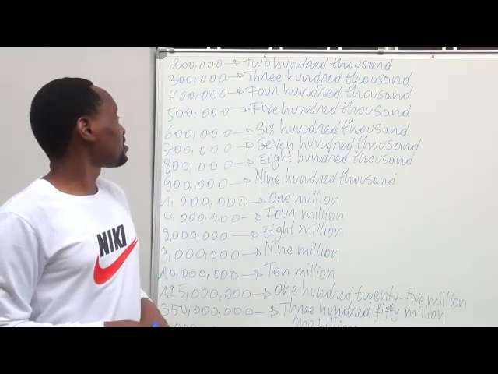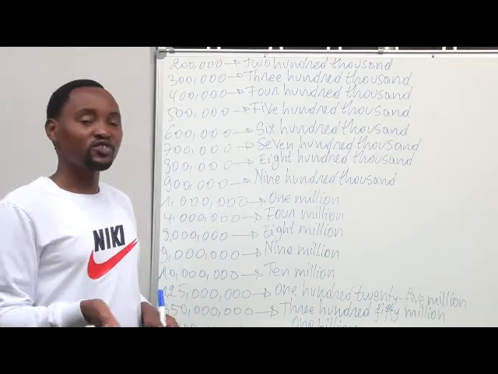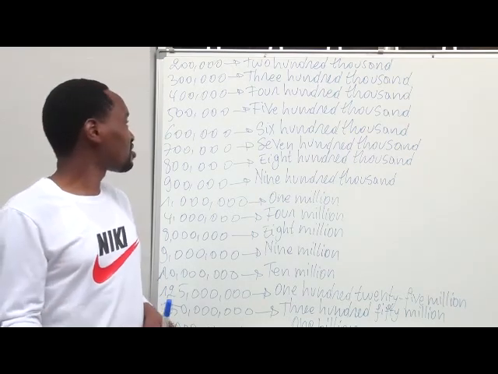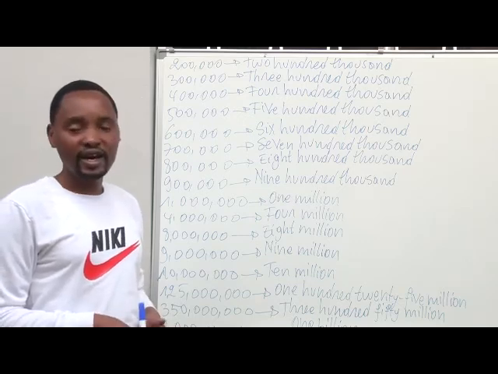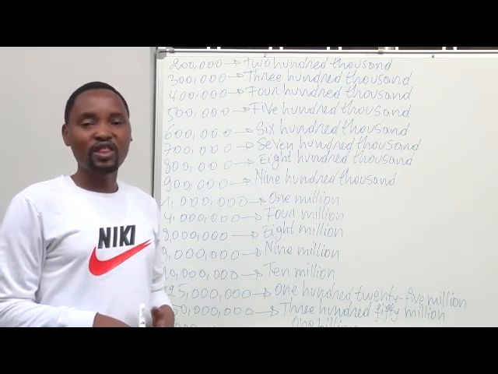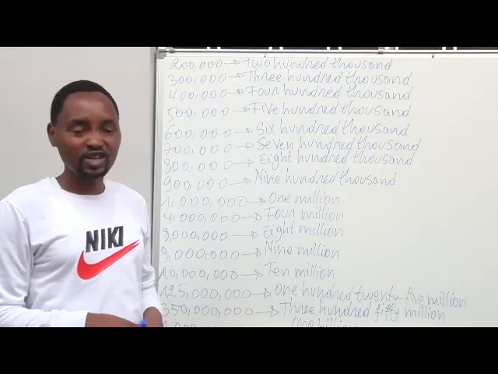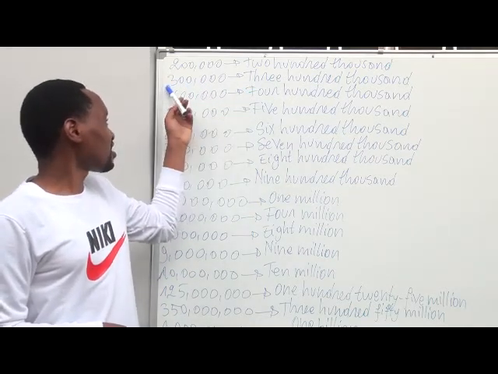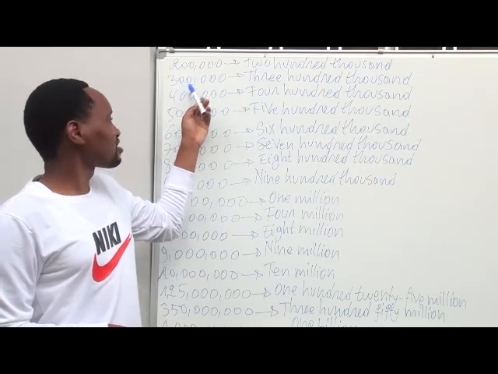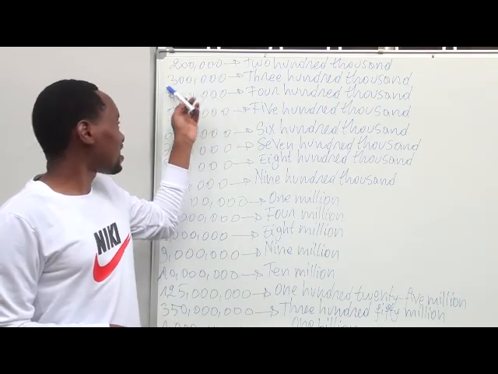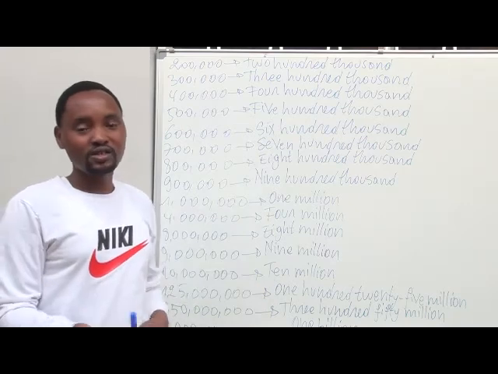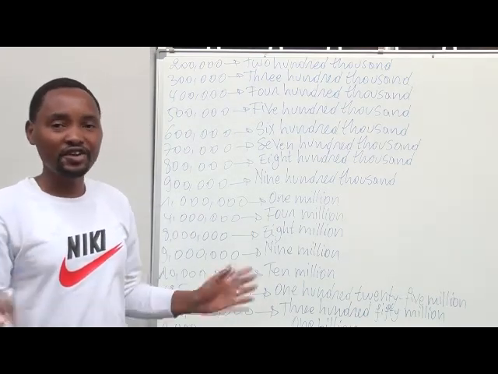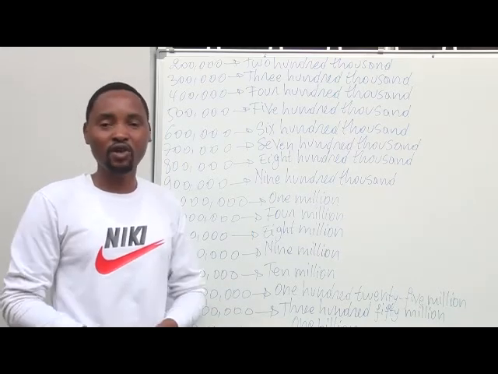This number, we have 3, 0, 0 and 3 zeros, so the number will be read 300,000. 2 zeros is 100, 3 zeros is 1,000. 300,000. It's very simple to read. It's not tricky. It's clear, it's obvious, it's plain for everyone to see.